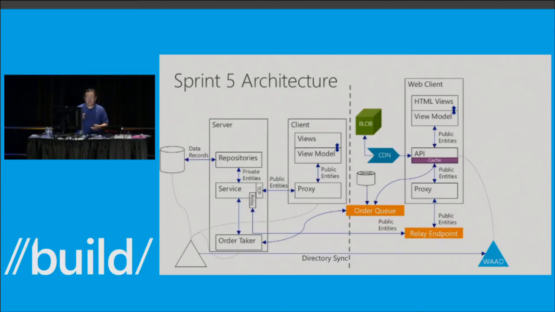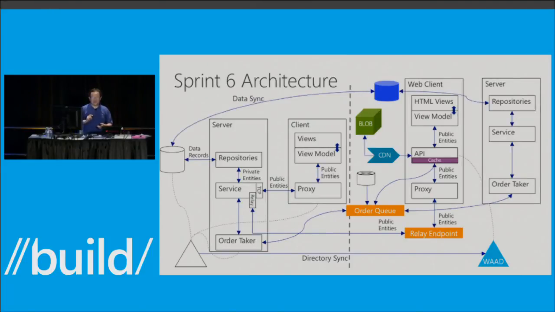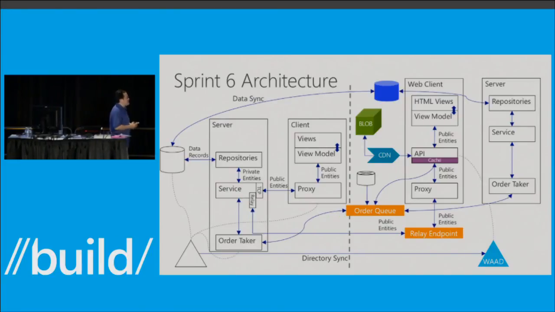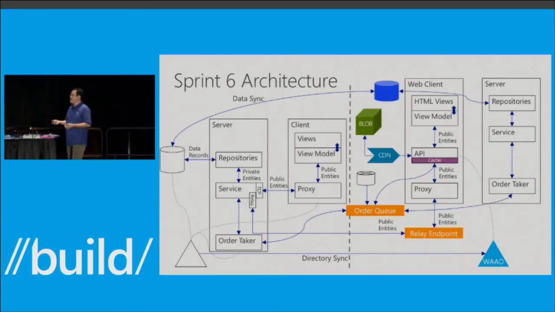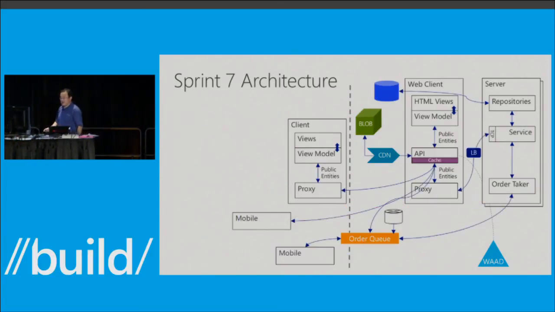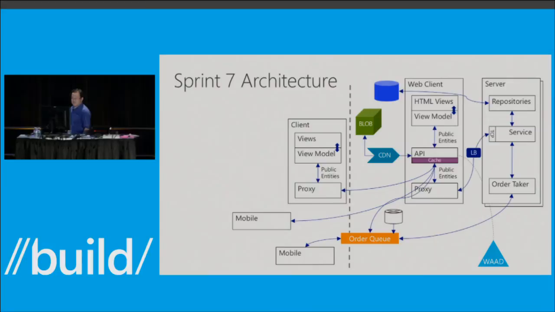And Sprint 6, that's when we have the loose coupling. It doesn't matter where our server runs anymore. So we can actually start a virtual machine to get our server migrated to the cloud. And if we have multiple instances on the cloud and on-premise, we'll use data sync to sync among the servers. And then eventually at Sprint 7, we are ready to get rid of the server altogether.